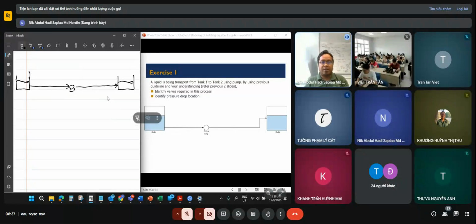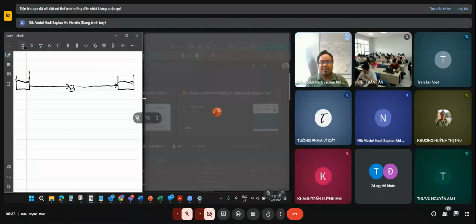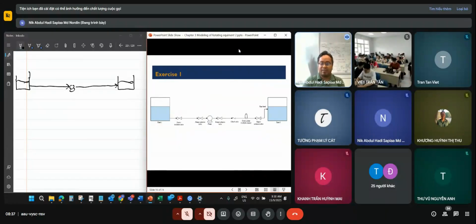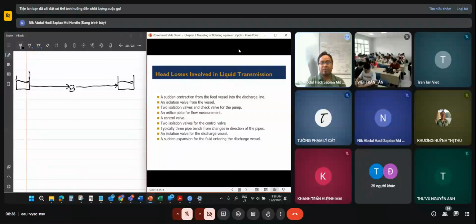So this would be our diagram here. Let's refer to the previous slide so that we can identify the valves for our process, because our main intention is to calculate the pressure drop later. We know that the pressure drop happens in the valve, so we need to identify where the valves are.